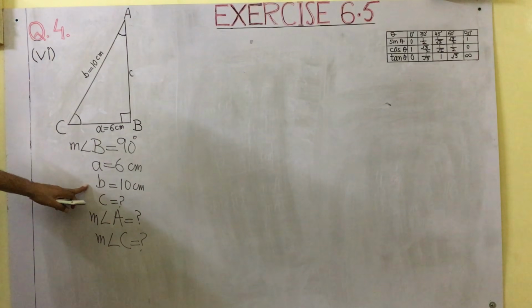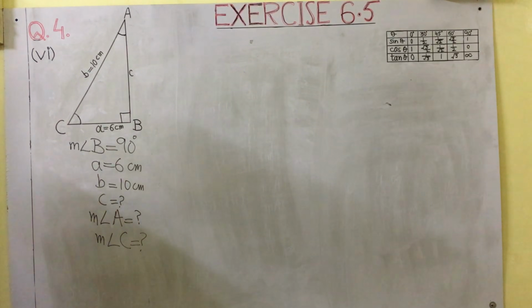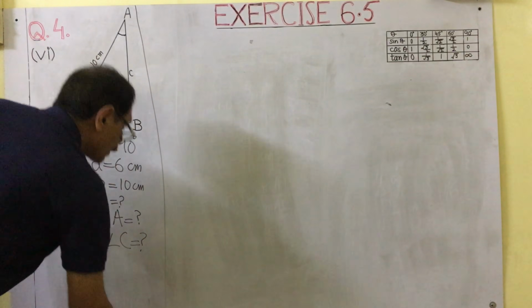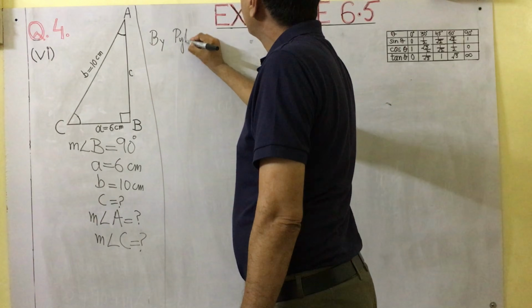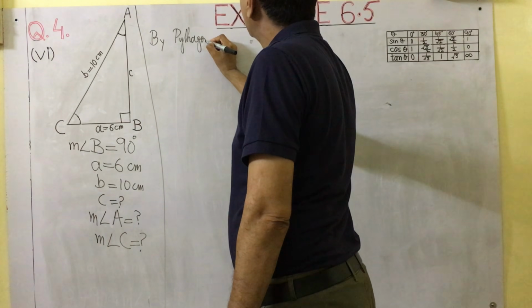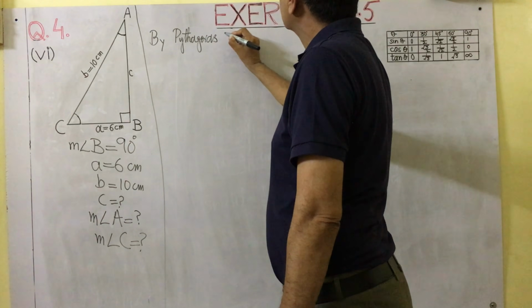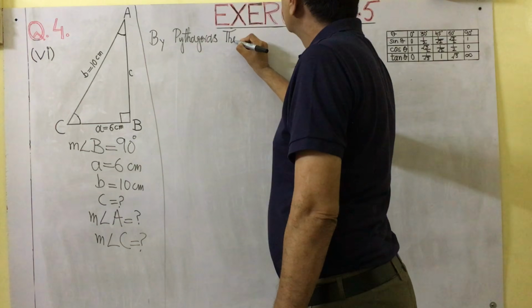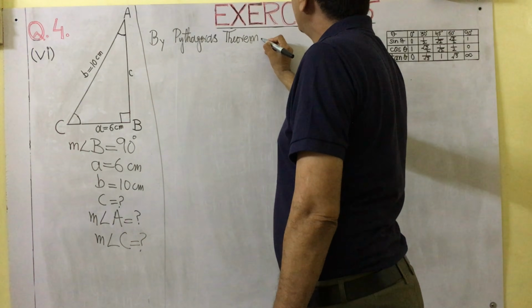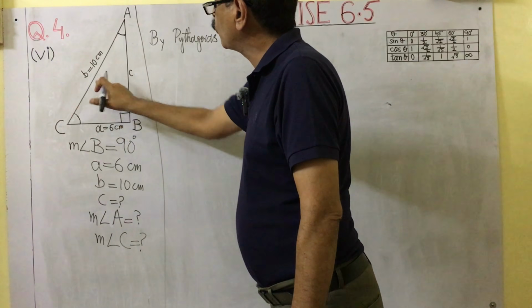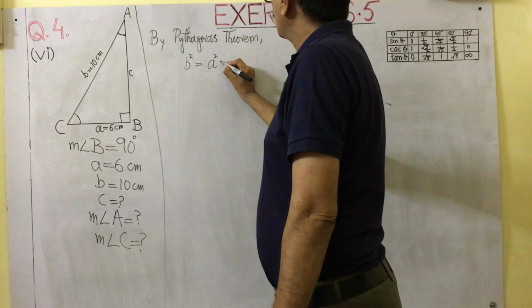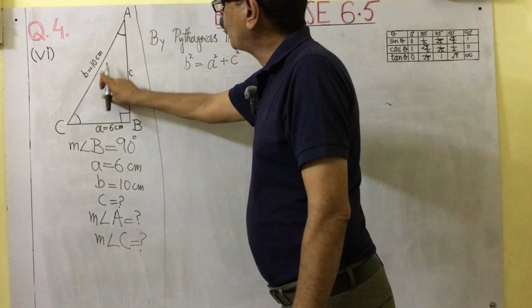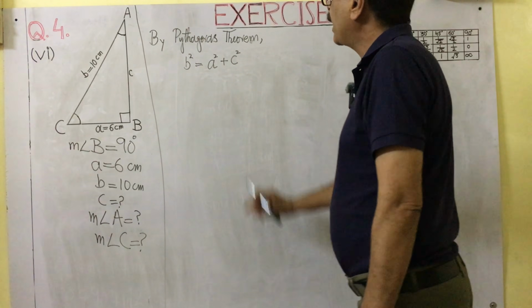Two sides are given. We can find the third side by using Pythagoras theorem. By Pythagoras theorem, longest side square, which is opposite to 90 degree, is equal to sum of the squares of the other two shorter sides. Or you can say hypotenuse square is equal to base square plus perpendicular square.